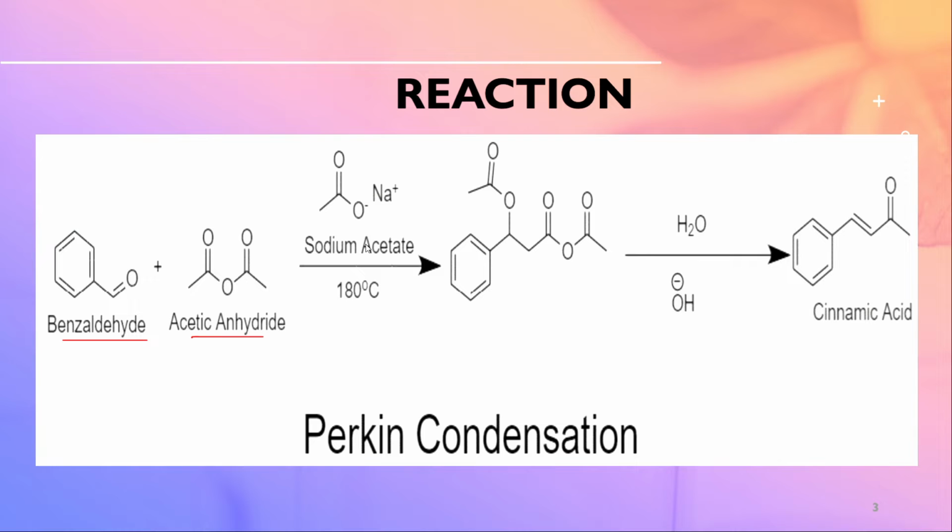Firstly this molecule will form, and then again OH will attack and H2O will leave, and cinnamic acid is formed when we use benzaldehyde and acetic anhydride here. This is the Perkin condensation reaction.